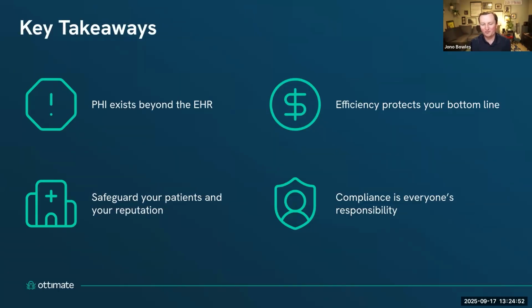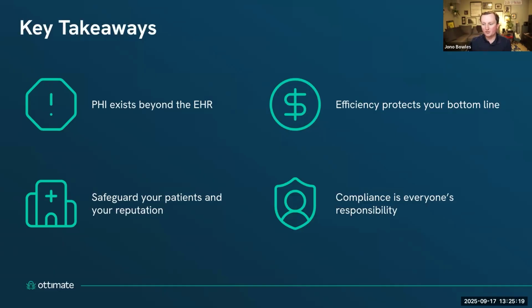First, PHI exists beyond the EHR and EMR. We find, again, that it shows up in invoices and back office documents, so finance teams need to be vigilant about it. Second, efficiency protects your bottom line. Automating AP and adjacent processes will reduce costs, limit fraud, and ease staffing pressures.